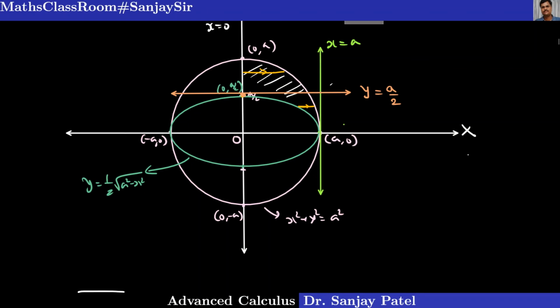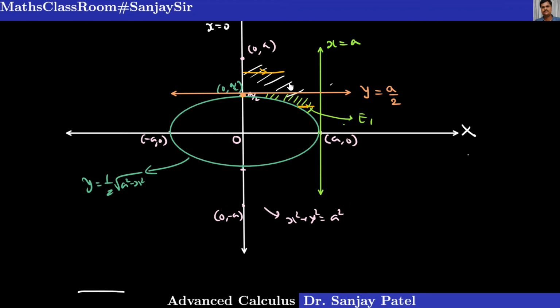So one region is this, it is this region, that is the region, I will call this region as E1, and the other region which is shown by this white color, let me remove this so that there is no confusion. Okay, so that white line is not there, so it is this region is your region E2.